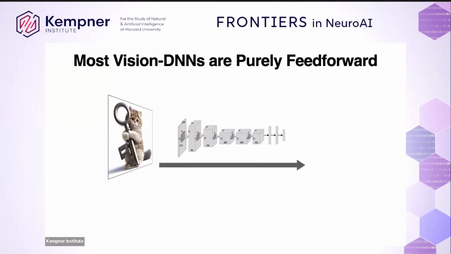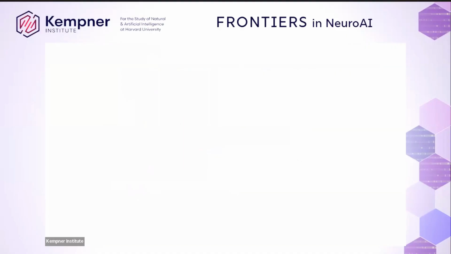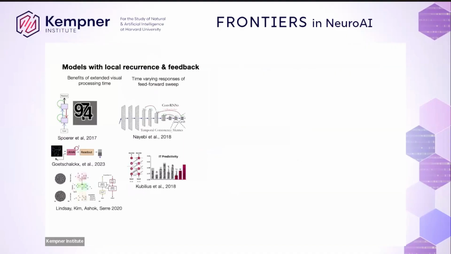A lot of the deep neural network models we study or use in our research are purely feed-forward models. Of course, this kind of model isn't going to be able to capture any of the phenomena that are due to feedback in the biological visual system. A lot of people have noted that and done work addressing that limitation.